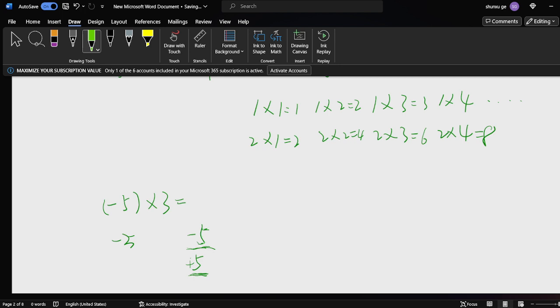Otherwise, the company will send you to jail because you owe them money. You don't pay them, you break the law. But your boss pays your salary. That's money you should get, and you don't need to pay it to anyone. So that's the difference between positive and negative, and between debt and credit.